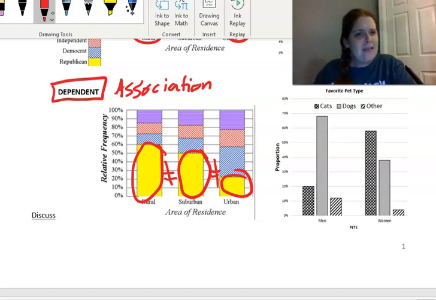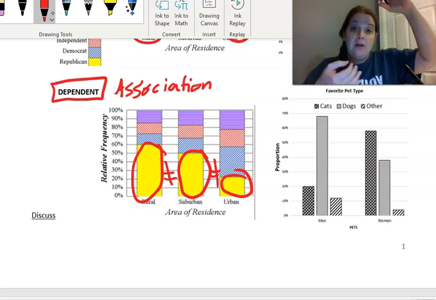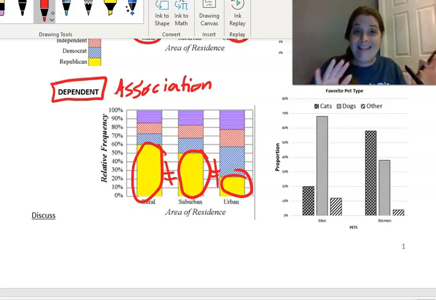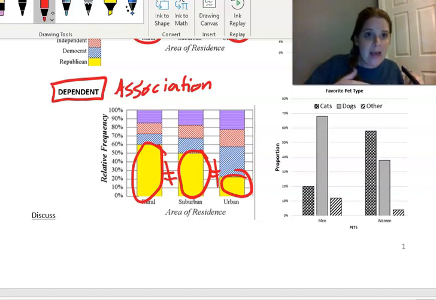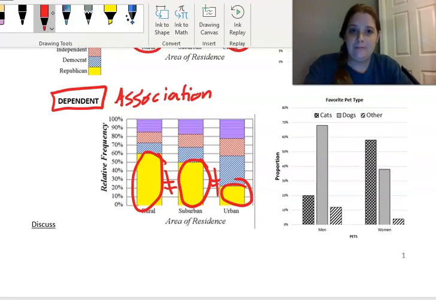So we would look at this and say, oh, these variables appear to have some association. These are not independent because the percentage of rural Republicans is larger than the percentage of suburban or urban Republicans. The distribution of political party is not the same across those subcategories of residents.